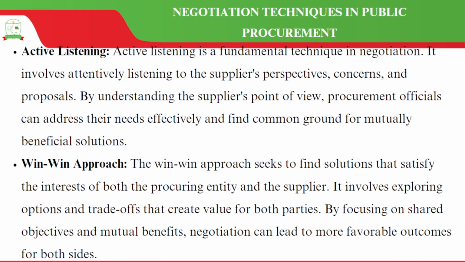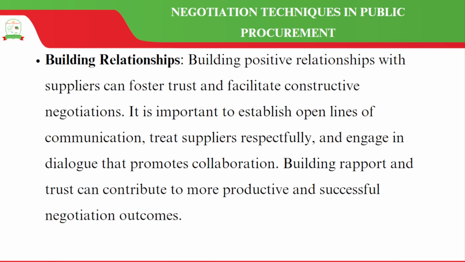We can also have a win-win approach. This one seeks to find solutions that satisfy everybody at the table, the procuring entities. It involves exploring options such as trade-offs and creating value for both parties.